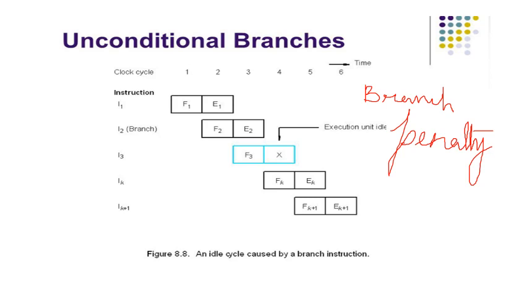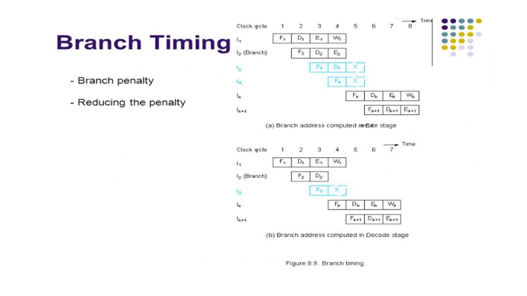So the figure shows the branch penalty is one clock cycle. For a longer pipeline, the branch penalty may be higher. In this example, the figure shows the effect of a branch instruction on a 4-stage pipeline.